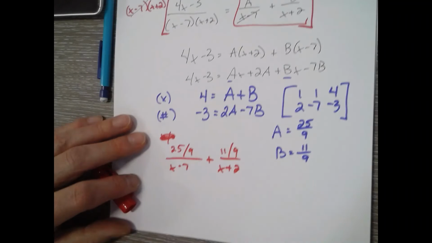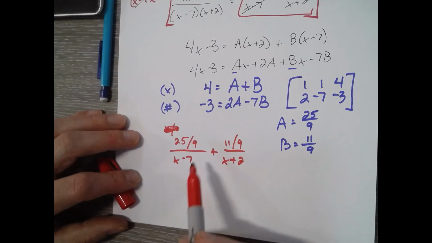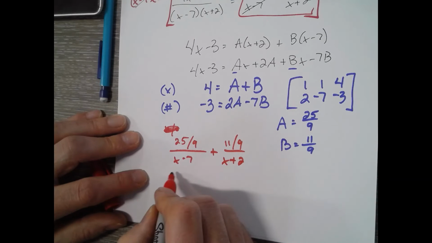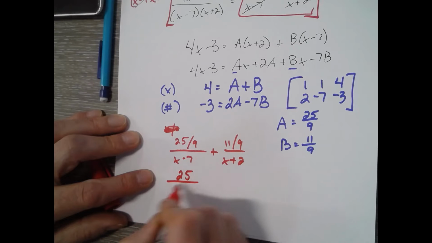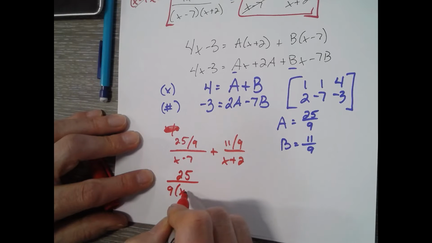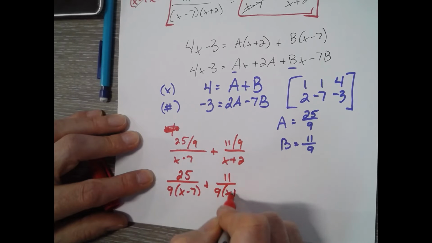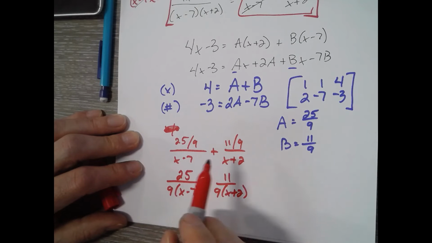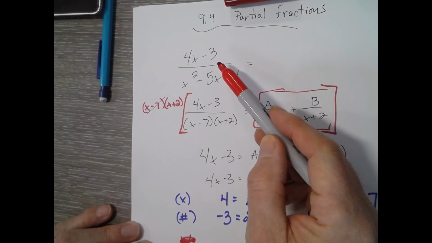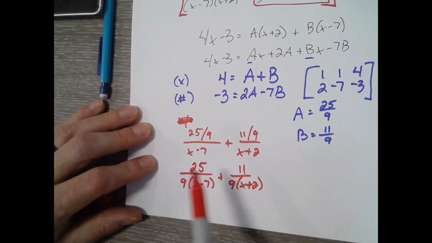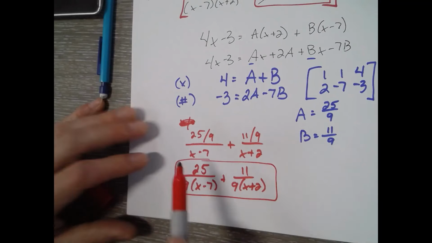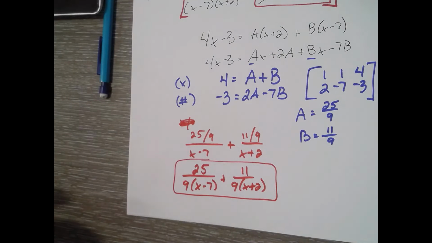Now we don't usually have a fraction inside of a fraction, so I would rewrite this finally as 25 over 9 times (x minus 7) plus 11 over 9 times (x plus 2). We have rewritten the original rational expression to be this. This is just it rewritten using partial fractions.